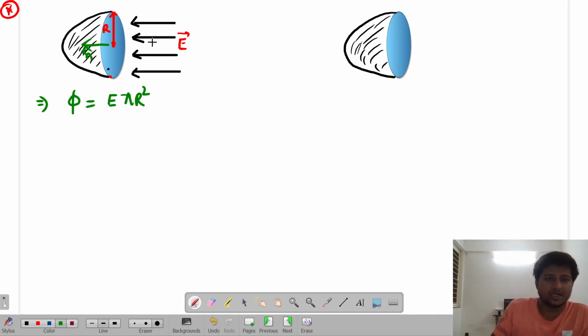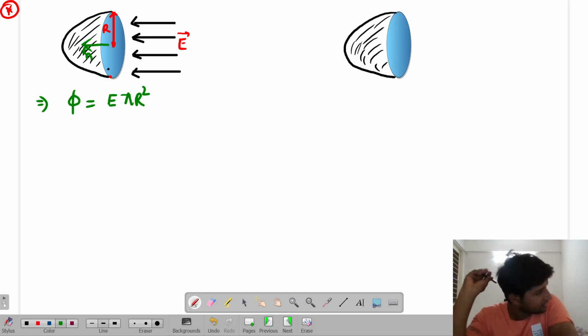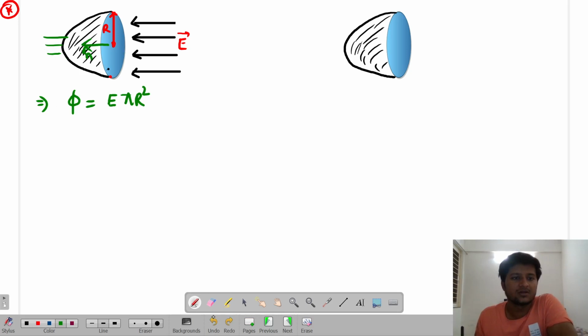I can consider either inside or outside because it is a hollow body, so I'm just taking the same direction as the field to make the flux positive. In the opposite direction it's also possible, and the answer will be minus E pi r square. What about the normals of the hemispherical surface in the horizontal direction? They will cancel, so that's why we consider this direction.